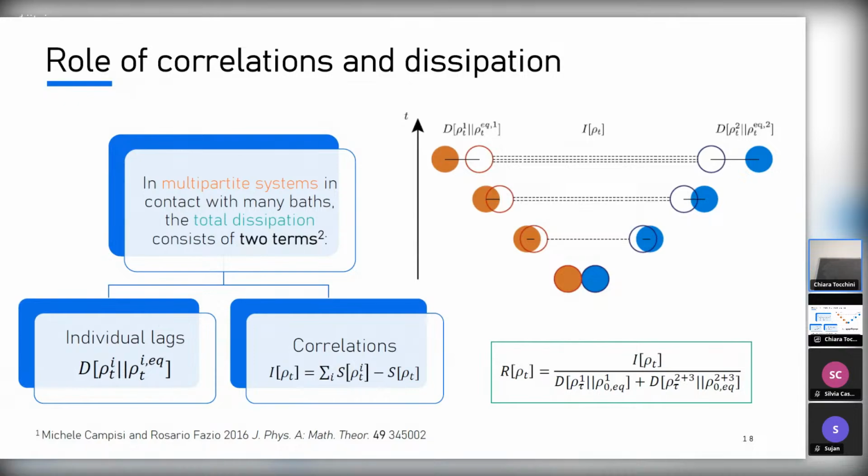The first one is the individual lags, so the distance between the state and its respective equilibrium state, and the correlation, that in the case of a bipartite system is given by the mutual information. So we define this ratio between the correlation and the total lags. So the bigger this ratio, the bigger the importance of correlation in the system.